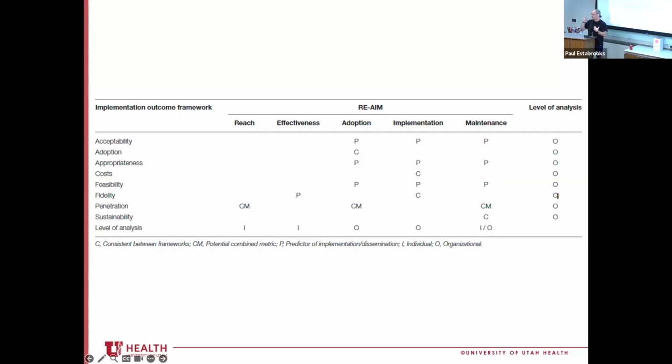Things that you can say, if I told someone about that, they could really get the idea of impact, versus things like acceptability and appropriateness, which are typically scored on a Likert type scale, and in and of themselves aren't very compelling if you're talking to partners or organizational decision makers about impact. And so that was really where we started from.